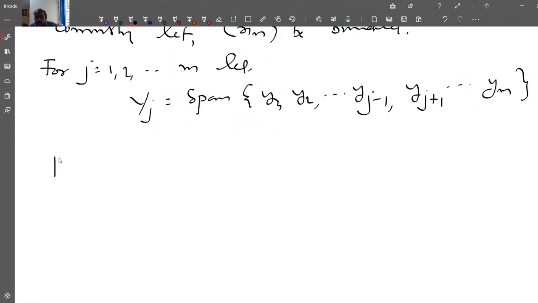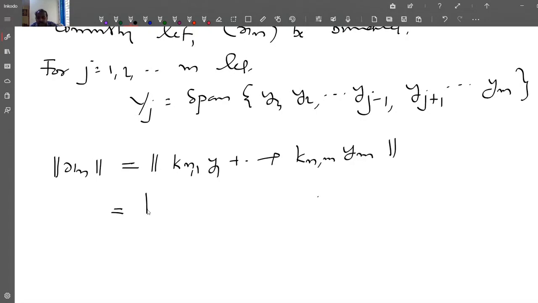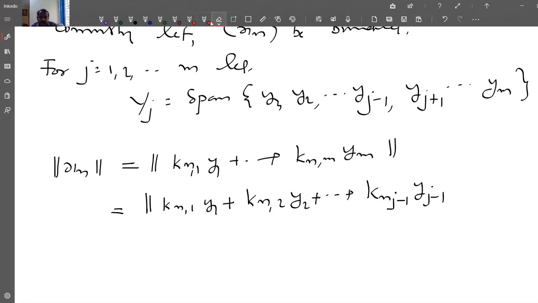Then norm of xn is equal to norm of kn1 y1 plus etc. plus knm ym, that is equal to norm of kn1 y1 plus kn2 y2 plus etc. plus knj minus 1 yj minus 1 plus knj plus 1 yj plus 1 plus etc. plus knm ym plus knj yj.